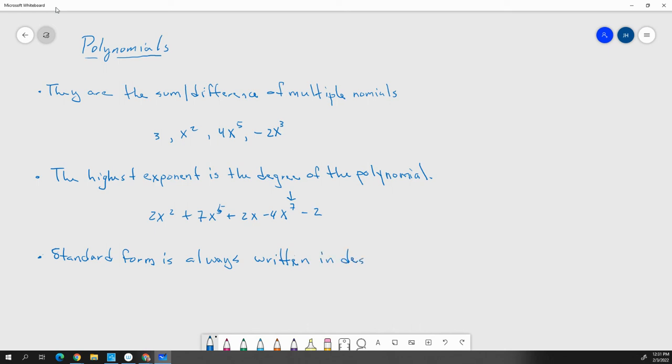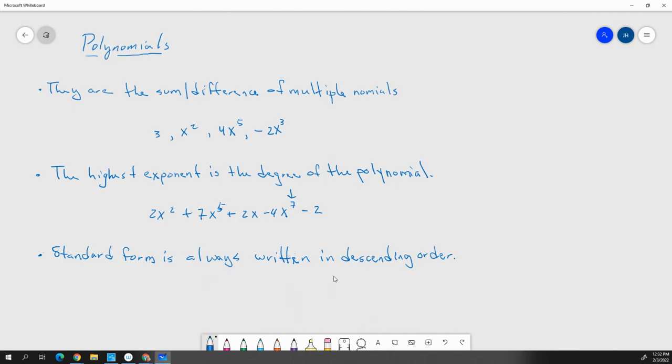Does anyone know what descending means? Descending means highest, yes, large to small. Your highest degree to your smallest degree.